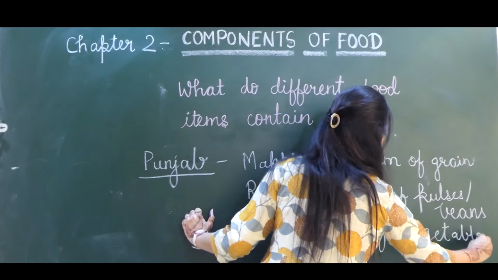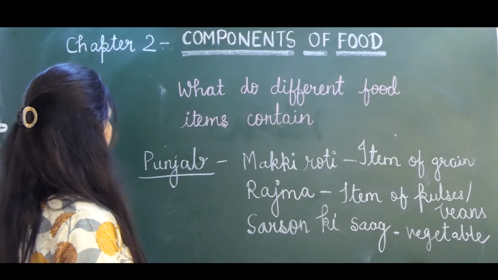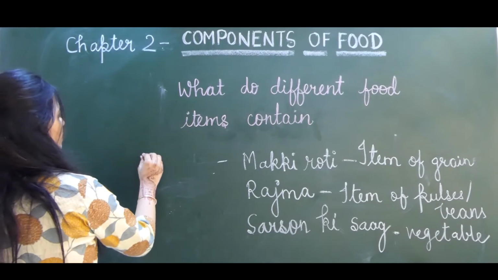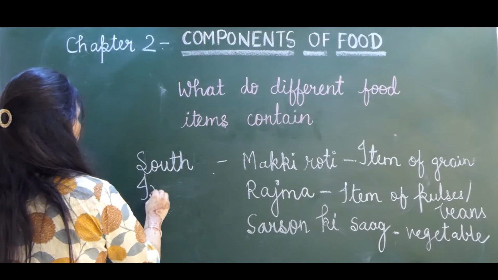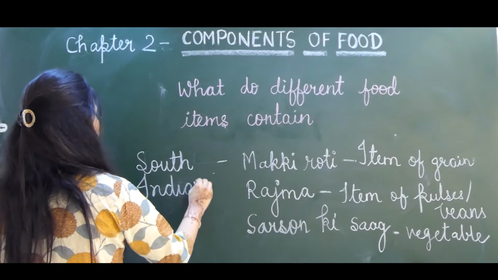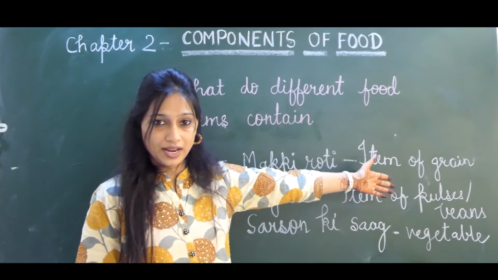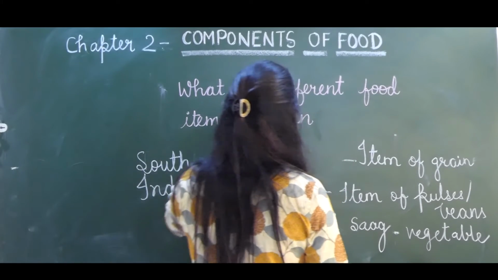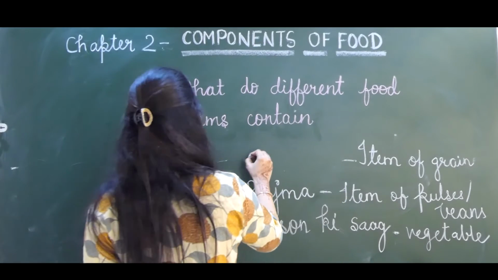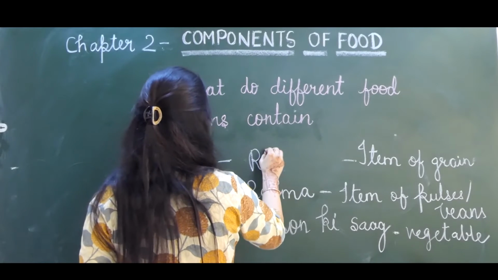Now, if I try to move down south, okay, what can I see? Let me see the South Indian meal. Again I will have an item of grain, which can be maybe rice or maybe idli. Idlis also have grains. So let's talk about rice only.